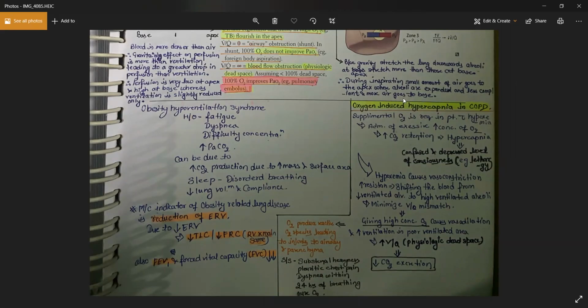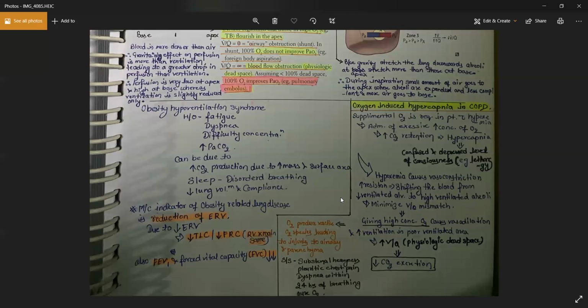Very important. And the third important thing is when you give the patient the oxygen, those areas which are having a hypoxia will start to dilate. Initially, when you have a low oxygen, you will have a hypoxia-induced vasoconstriction, right? So this will prevent the flow of blood to those areas where you have low oxygen.